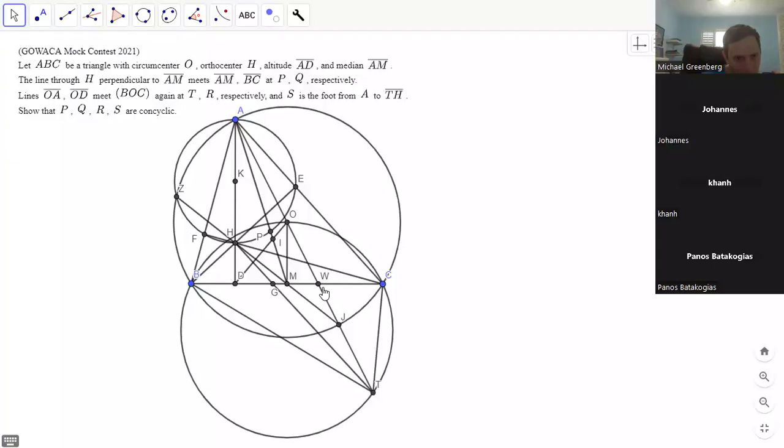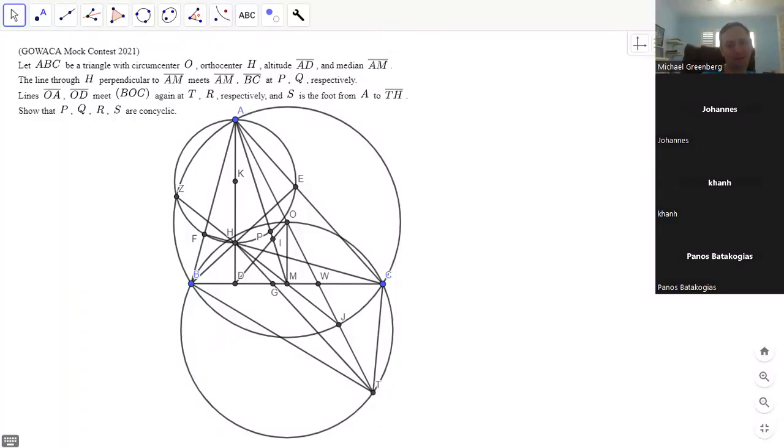We project it onto the line AO. So D goes to A, G goes to T, M goes to J, and W remains the same, which means that we can easily see this is a harmonic conjugation, because earlier we said that A is the excenter of TBC. So that's really the problem, pretty much. Nice. All right, that's really nice.